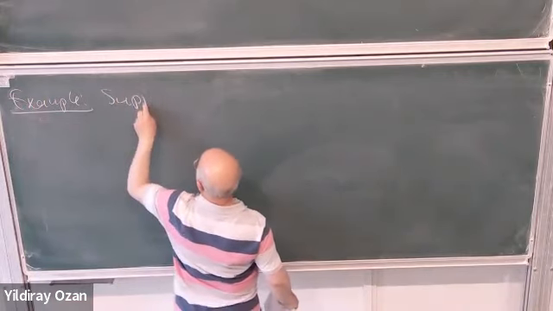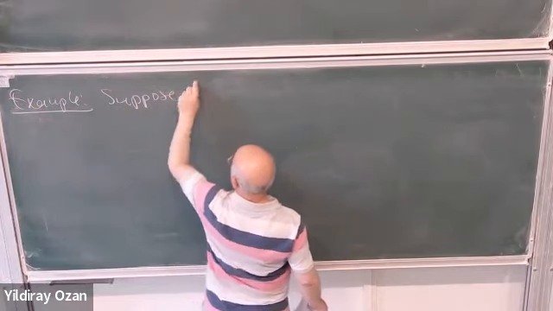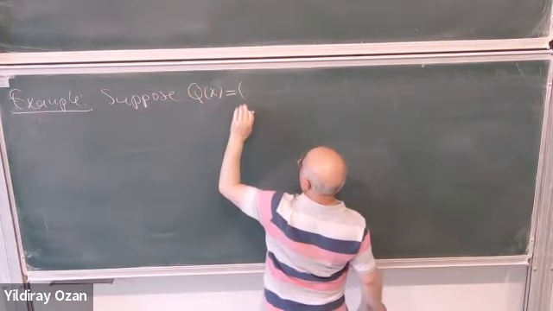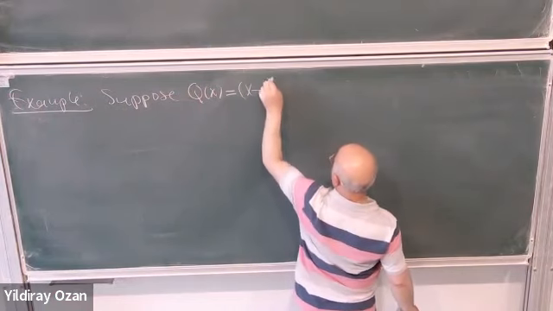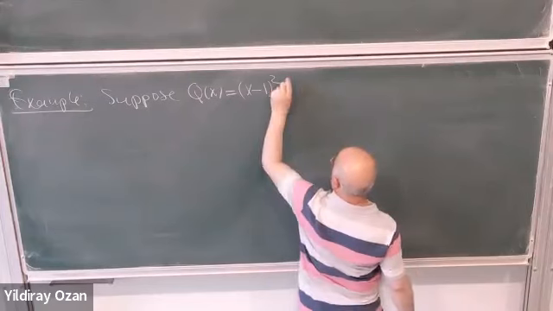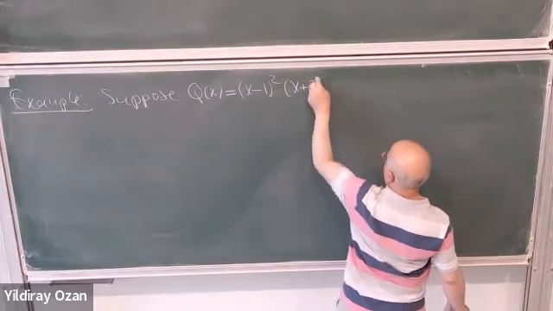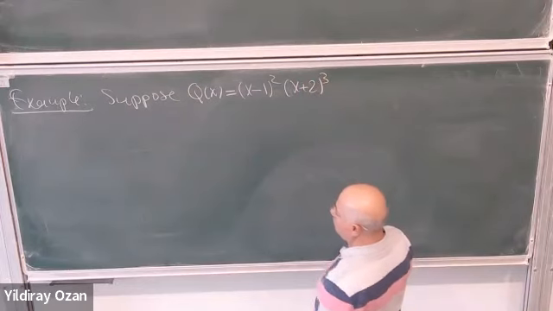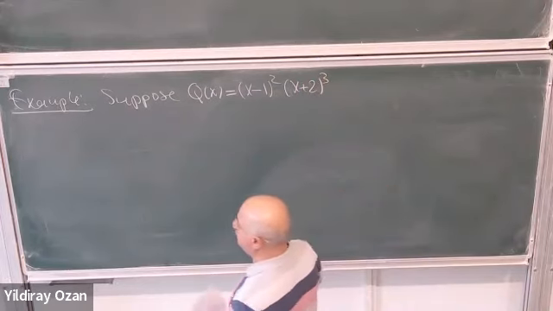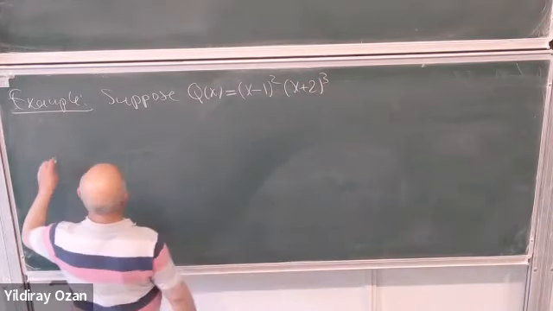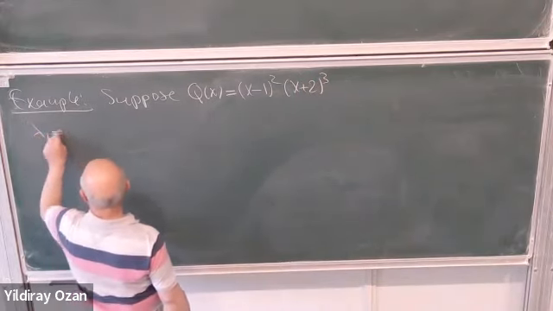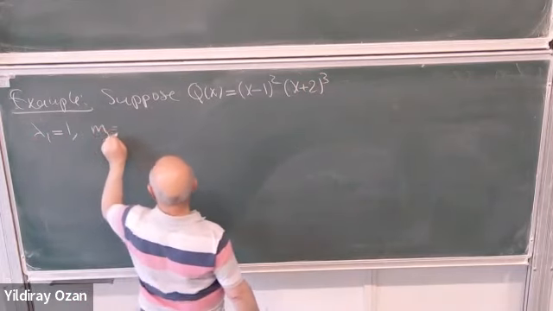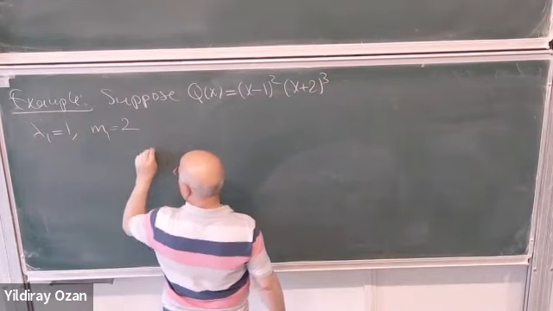Suppose your Q of x is something like this: (x minus 1) squared and (x plus 2) cubed. Then what are the equations? So lambda 1 is just 1 and m1 is 2.